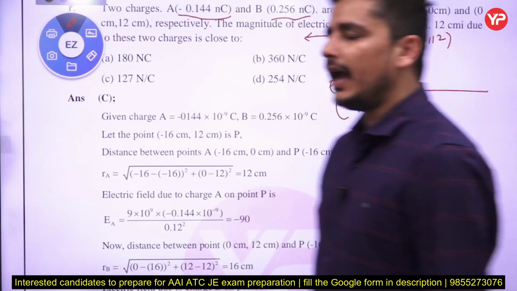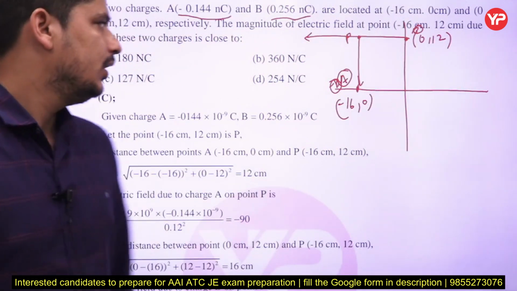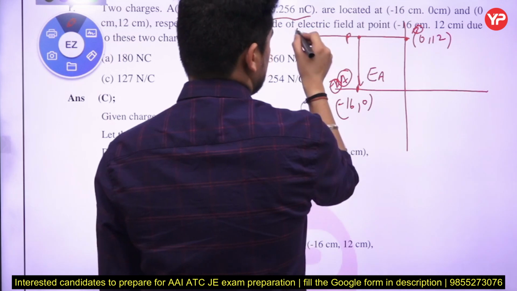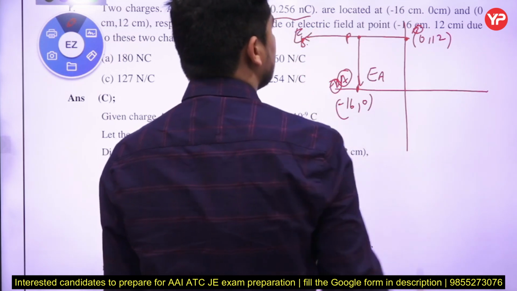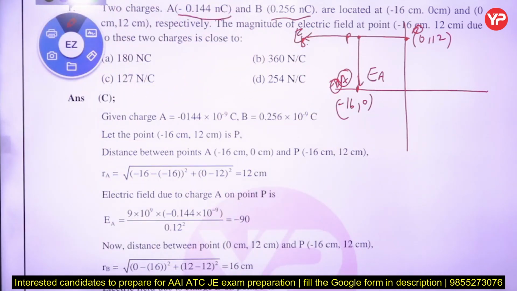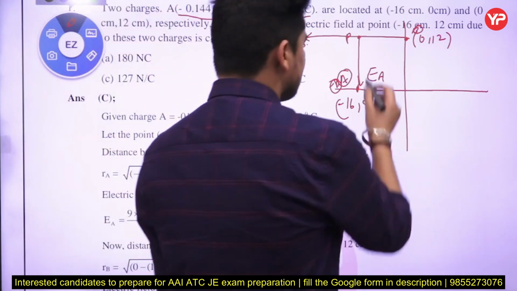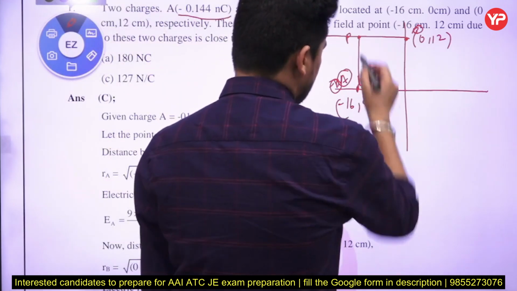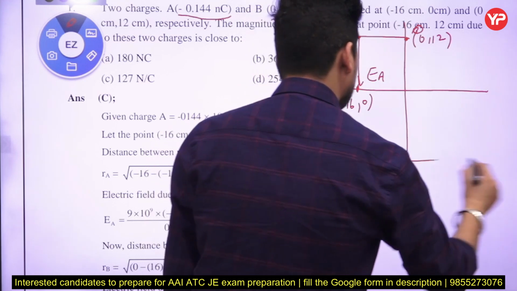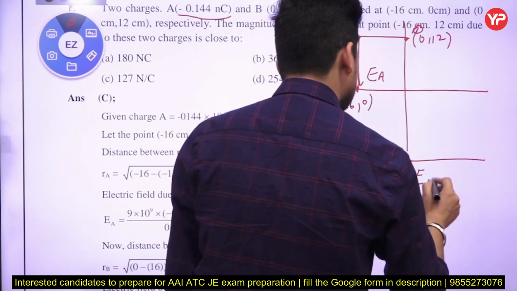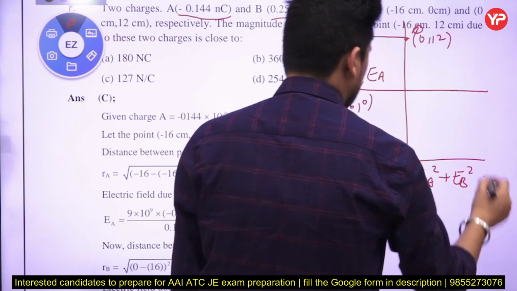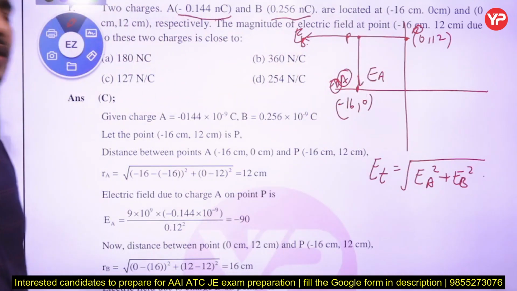What will be the angle between these two electric fields? This is the electric field EA and this is the electric field EB, and the angle between them is 90 degrees. The resultant electric field at point P will be the square root of EA squared plus EB squared.